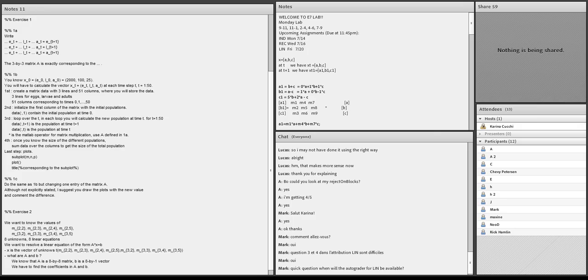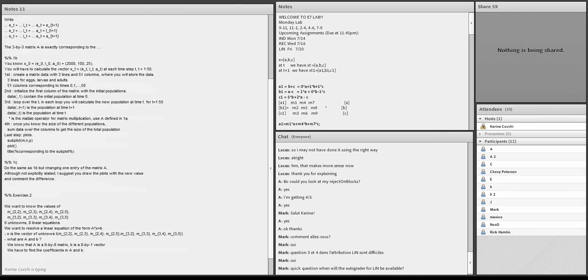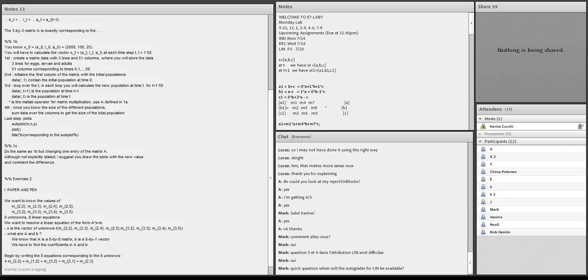All right, so for that, this is all done before writing anything in MATLAB, right? This is all with paper and pen. So the first thing is that you begin to write the 8 equations corresponding to the 8 unknowns.